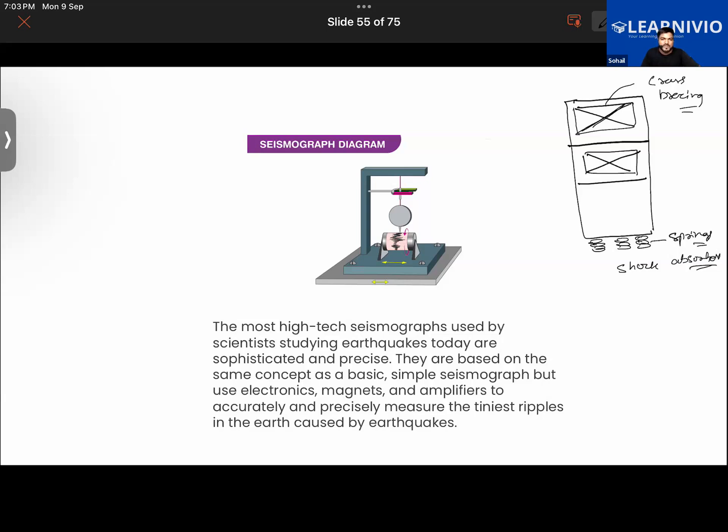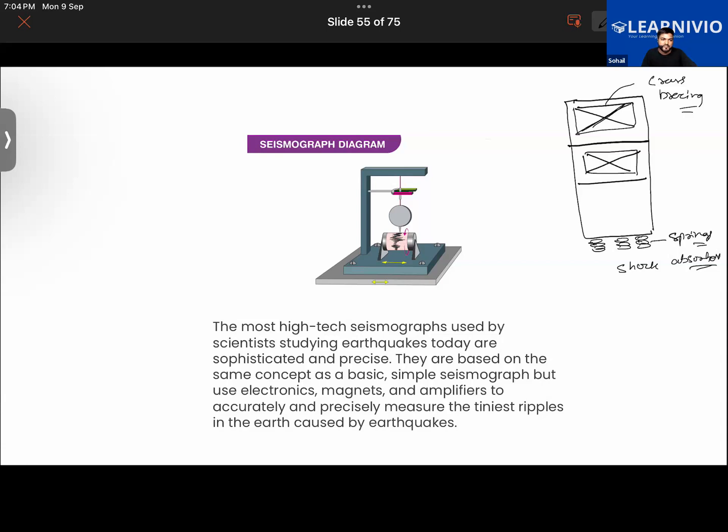Also, one another important thing is that the weight distribution, the mass distribution in the building should be proper, otherwise the building would collapse. Another important thing is that the center of mass of the building should be at an appropriate height. You guys getting what I mean by center of mass? You know about center of gravity?